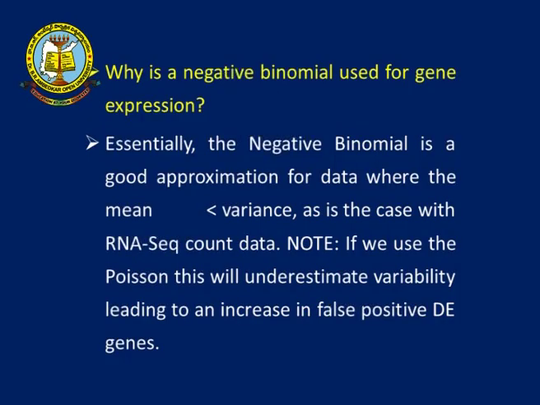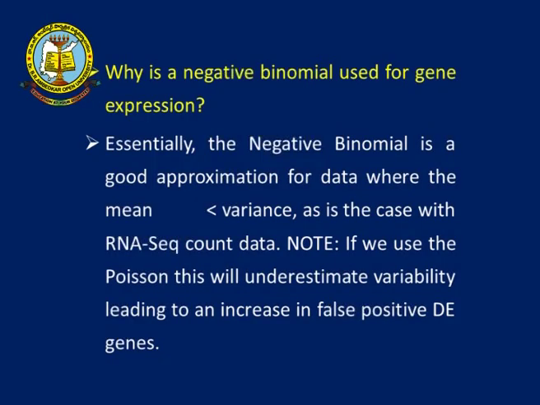Why is a negative binomial used for gene expression? Gene expression is related to genes. Essentially, the negative binomial is a good approximation for data where the mean is less than the variance. Here the mean is lower than the variance, as in this case, that is RNA. We do RNA tests like DNA, that is sequence count data.